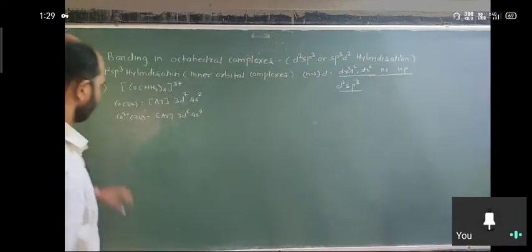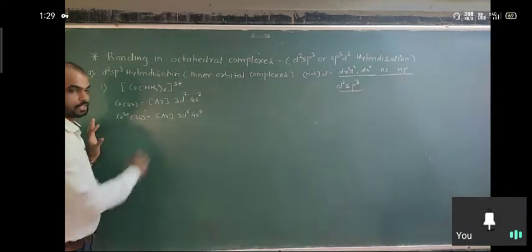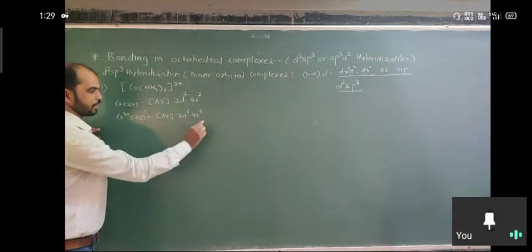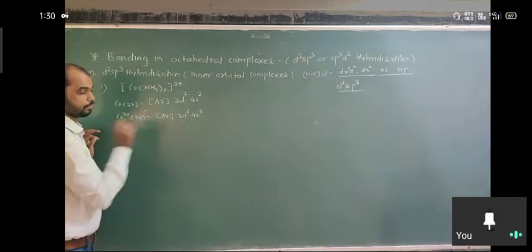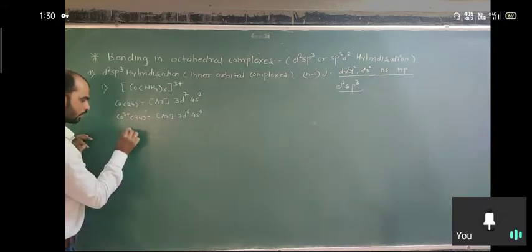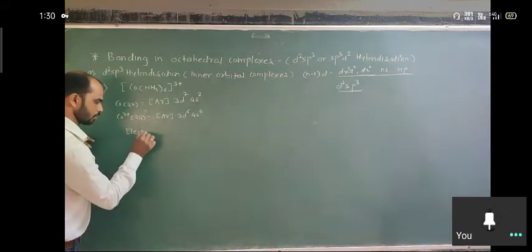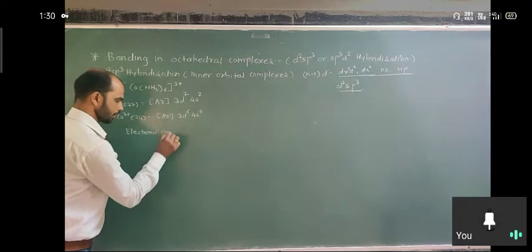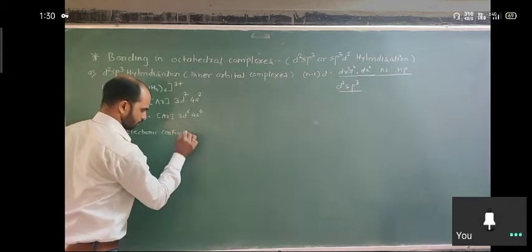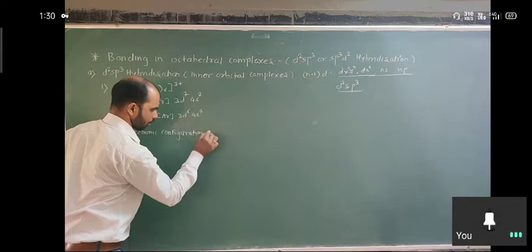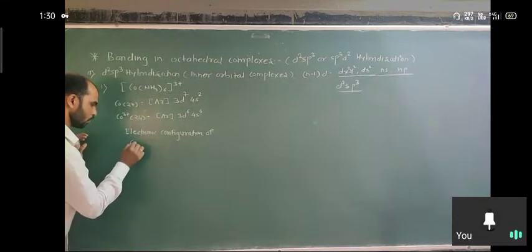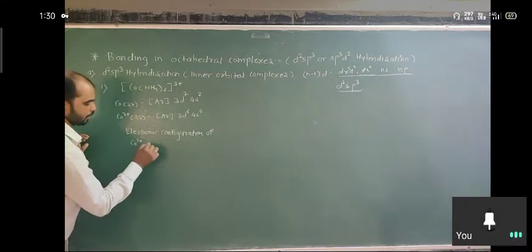Then once we write the electronic configuration, we represent it in orbital form. So here is the electronic configuration of Co3+ in the ground state.